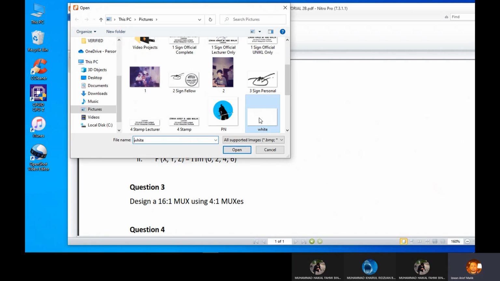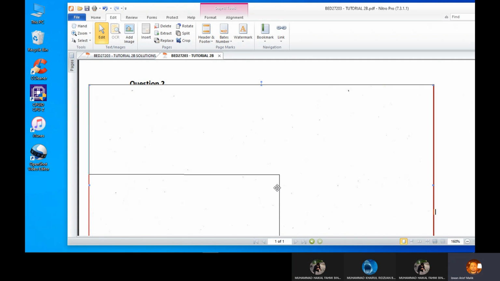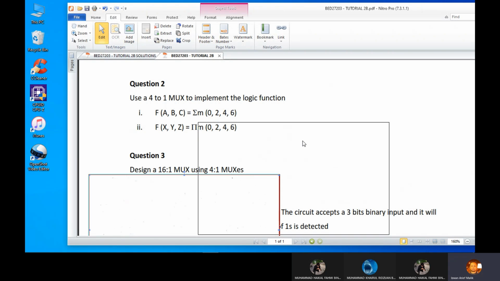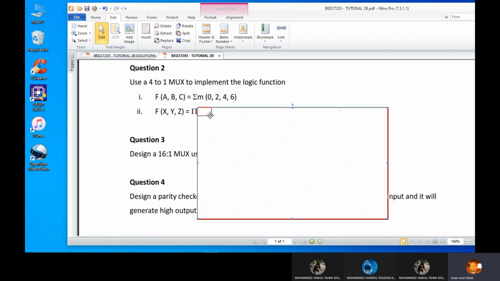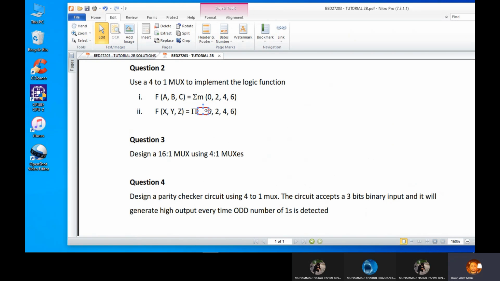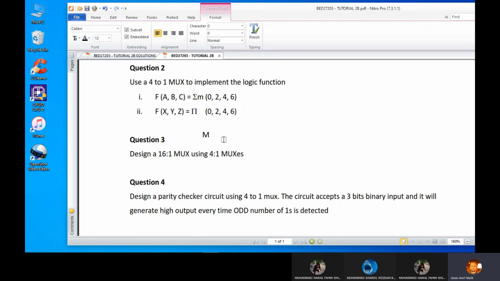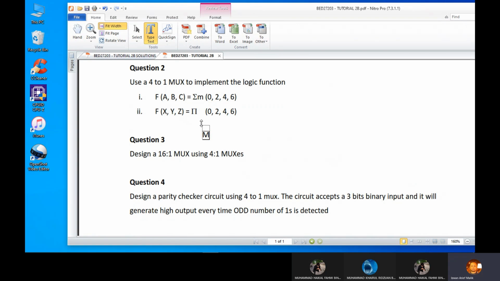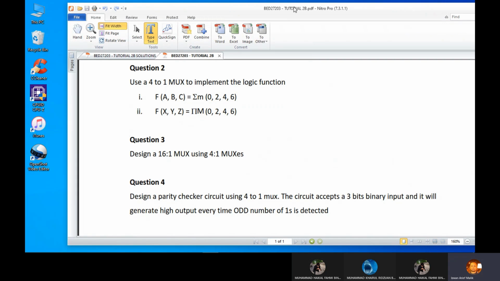Silap. Ya. Okay, so max term and then min term.